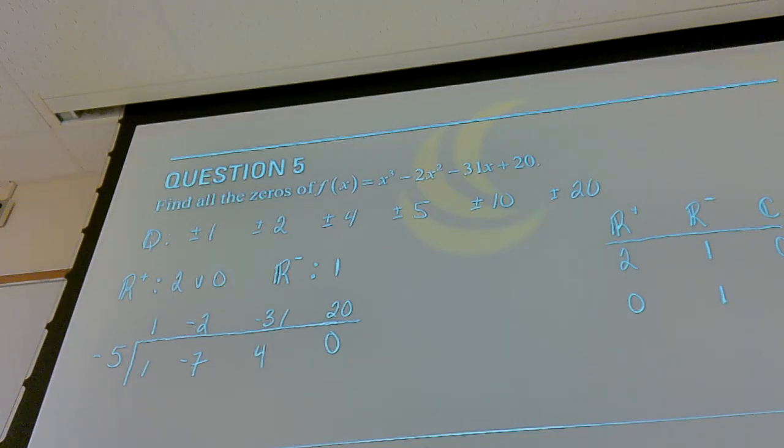Plus 20 is 0. So we can factor f of x as x plus 5 times x squared minus 7x plus 4. Can that be factored?